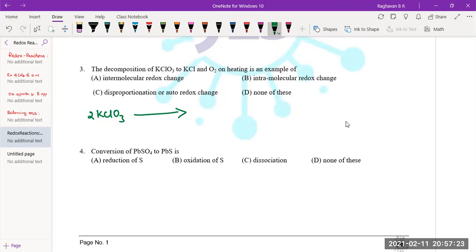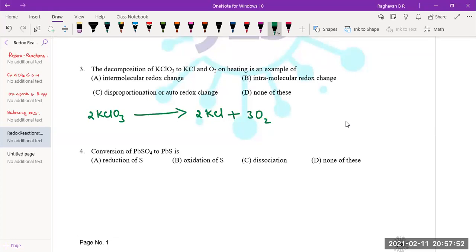Auto redox change, option B. Here, disproportionation is slightly different. Since you gave the answer, I was checking what explanation to give you to understand why it is not disproportionation. It sounds as if it is a disproportionation.